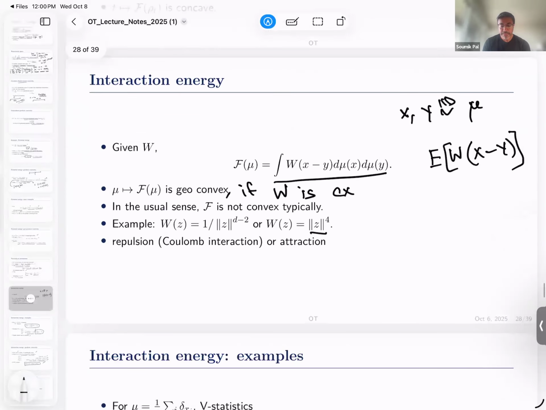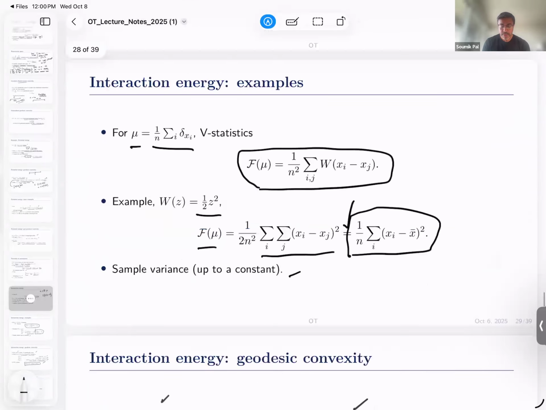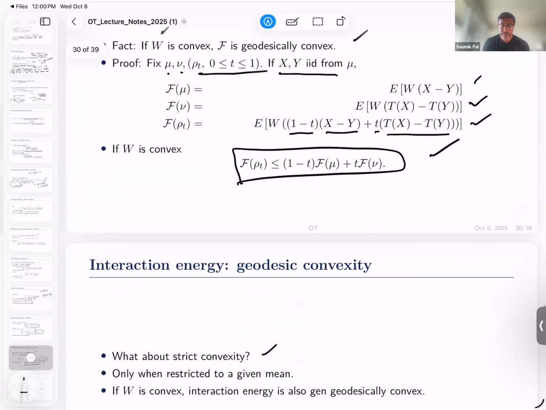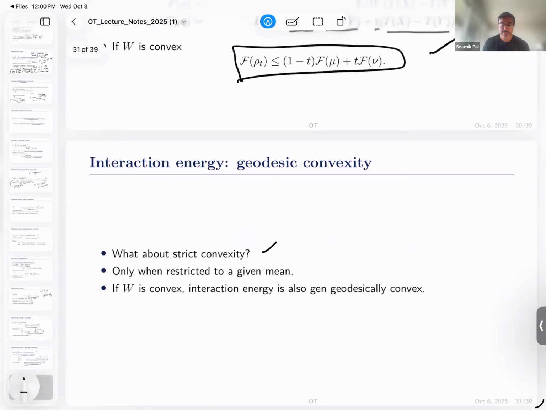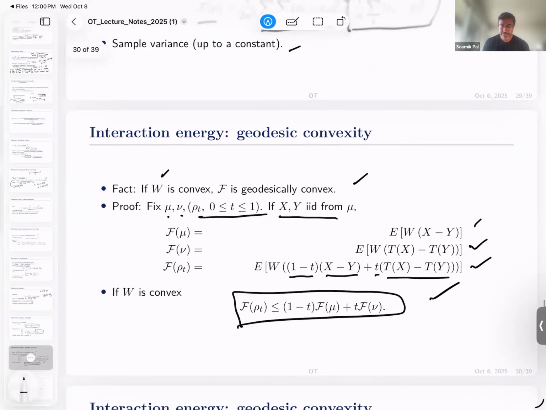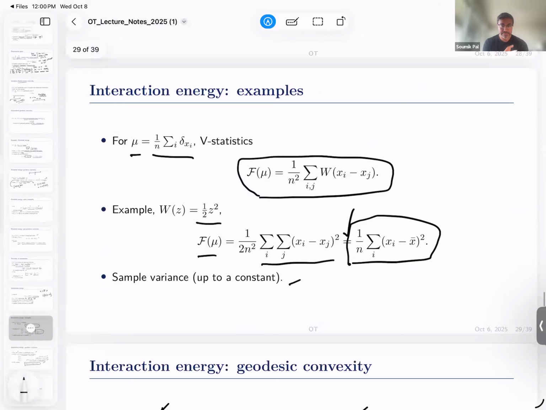What do you think is a condition for strict geodesic convexity of the interaction energy, which is this guy here? Can you come up with a sufficient condition for when this is strictly convex?